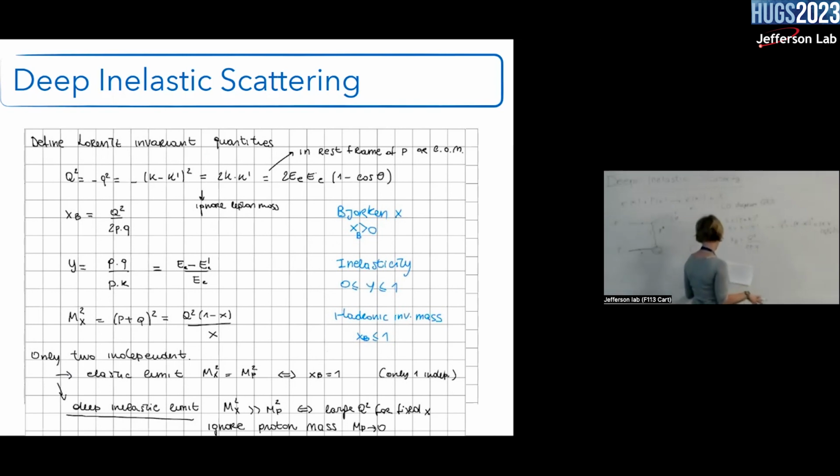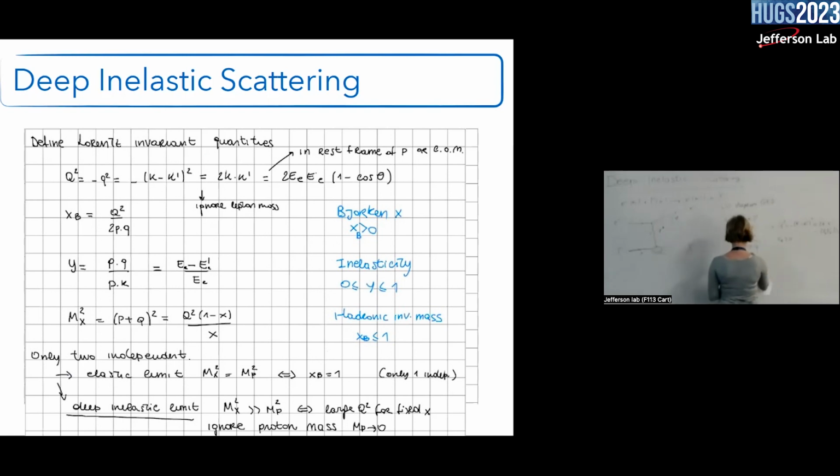Let's just call it that, and we know that XB must be larger than 0. And then another variable that is interesting and is measured experimentally. Again, you can write this in terms of just energies and angles. So everything here can be written in terms of energy and angle.